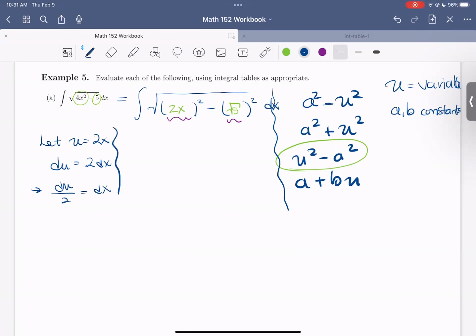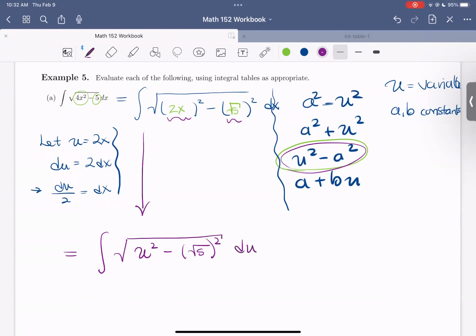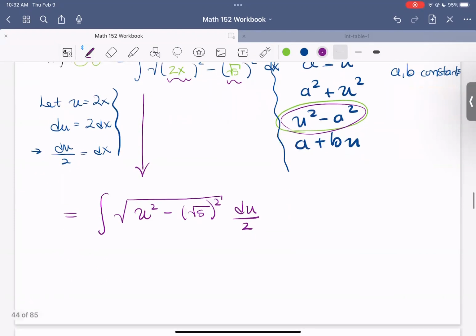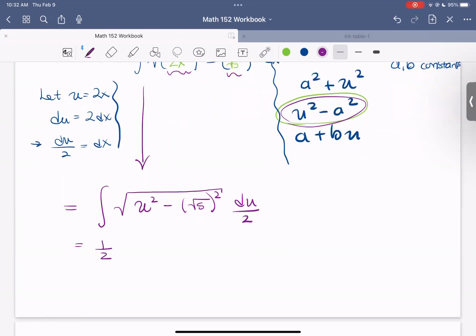Then we can get our integral into a more simplified form that has this u squared minus a squared involved in it. Substituting in for u, this integral becomes the integral of the square root of u squared minus (square root of 5) squared, du over 2. I might as well bring that 1/2 outside of the integral just to simplify things a little bit.